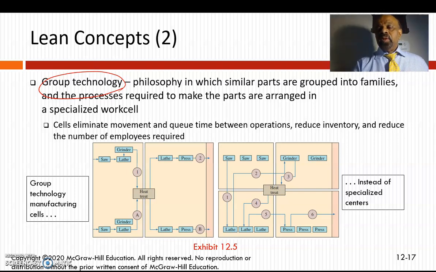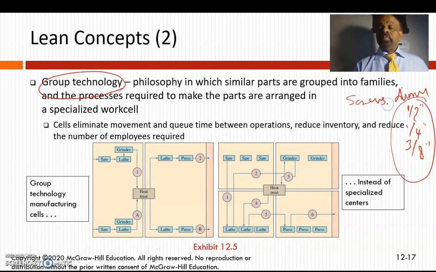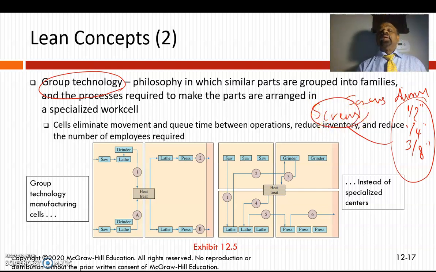For instance, if you have screws of different dimensions, like half inch, quarter inch, 3/8, all these are children of a parent called screws. So you have a family of screws that you can buy and procure, making procurement effective.